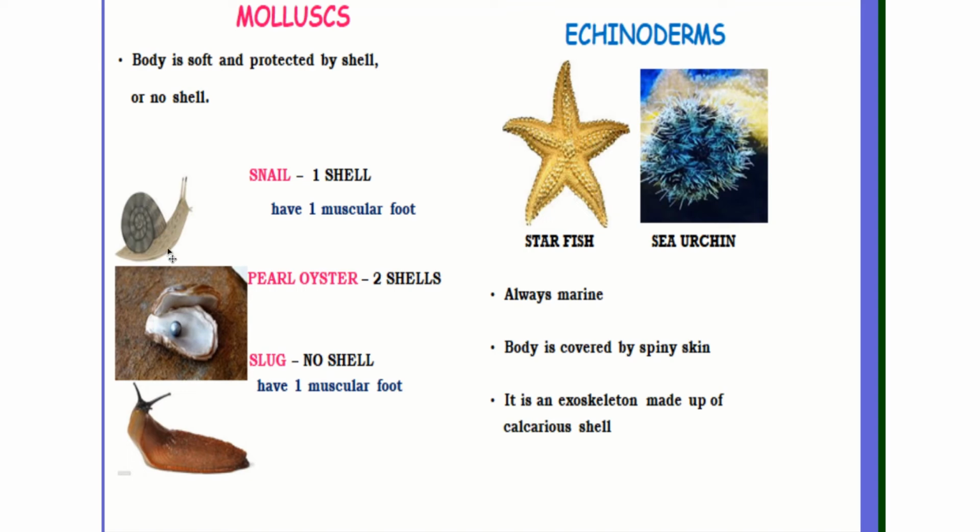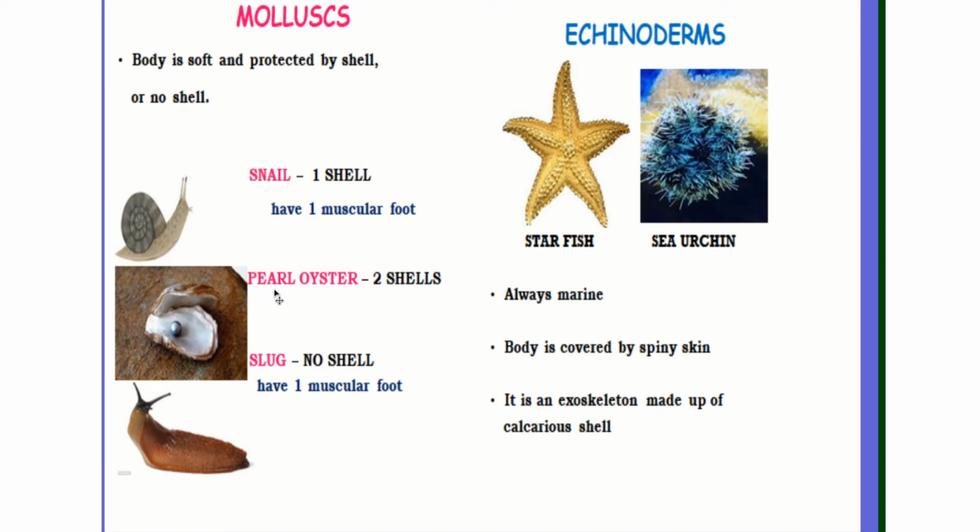It has a shell and it has one muscular foot. Don't imagine that foot in the sense it should be the same size of our foot. No. The place or the muscle which helps them in movement is called as a foot. So, snail has one muscular foot.